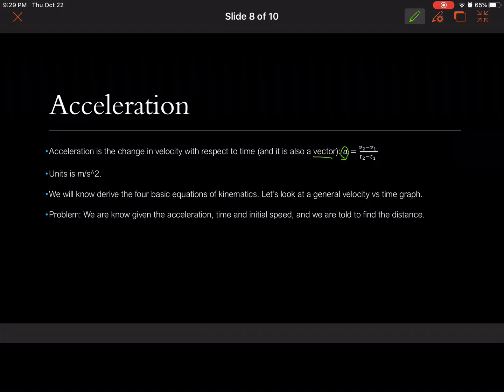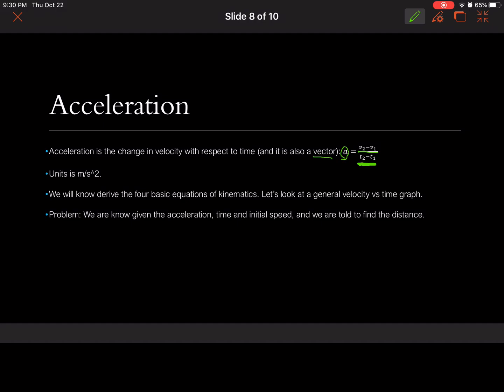How much did my velocity change over time? Some people say, if you know calculus, that acceleration is the second derivative of position versus time. Basically, acceleration is telling you how fast you are increasing your velocity.